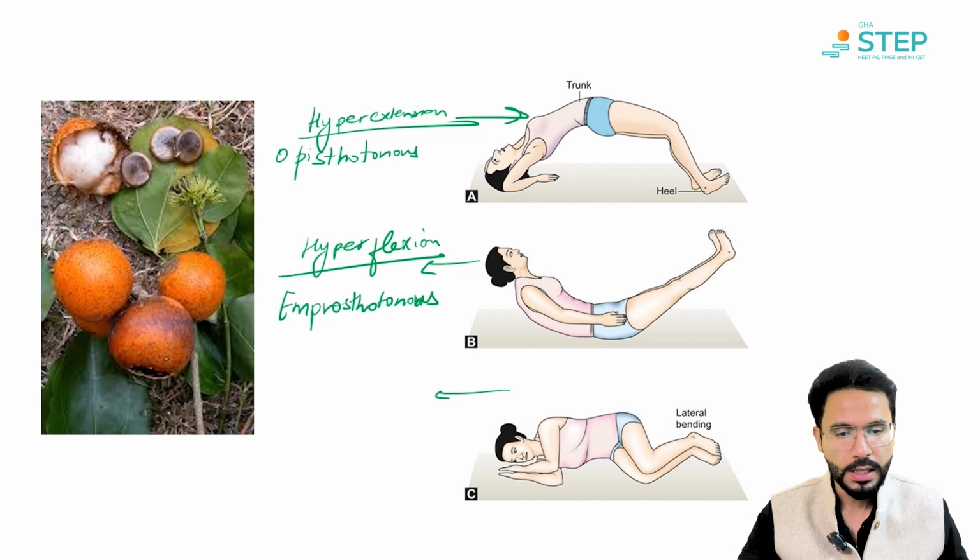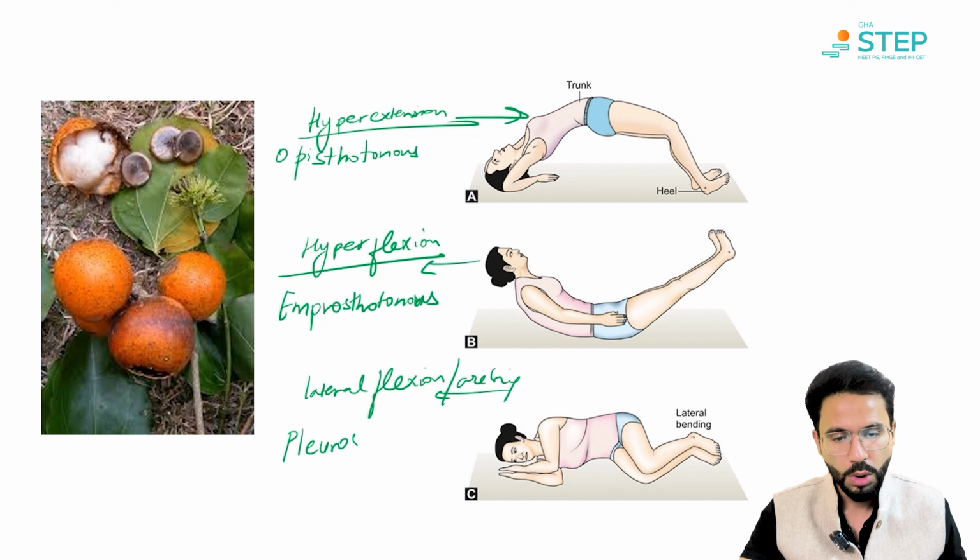And if there is an extension or a lateral flexion or arching, this is known as pleurosthotonus. So these are just position names: opisthotonus, emprosthotonus, and pleurosthotonus that you should know.